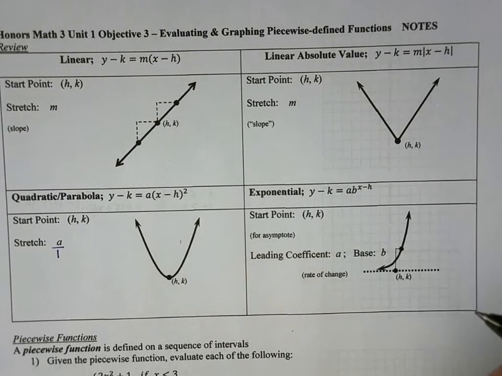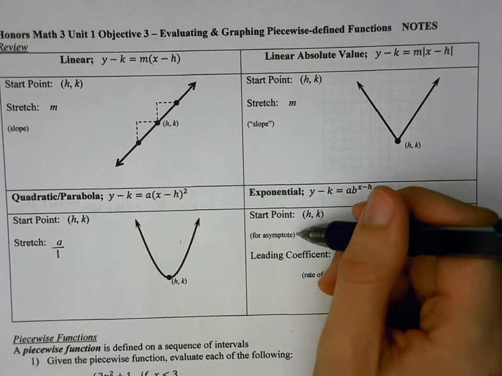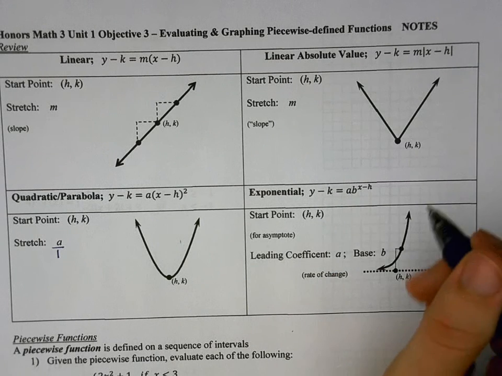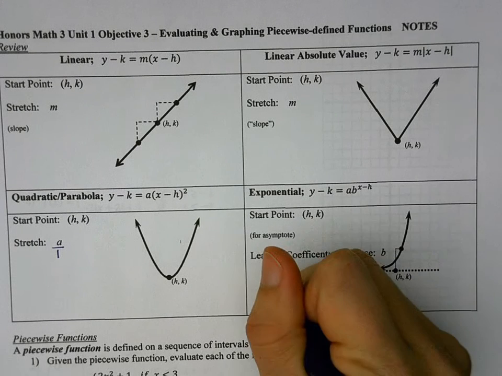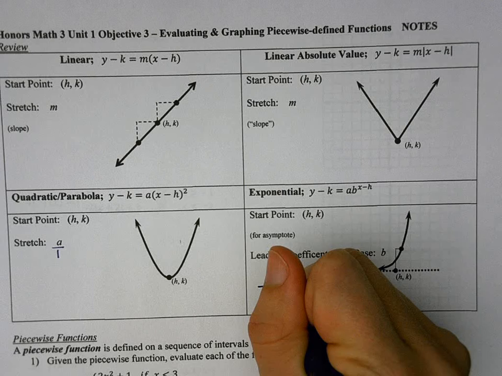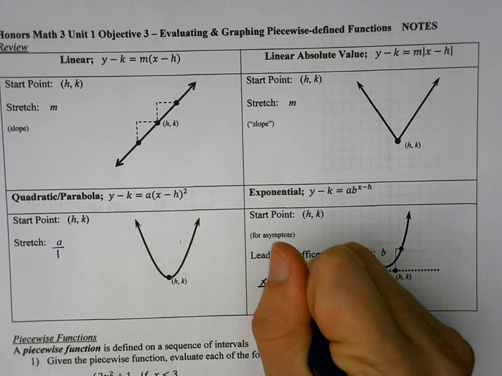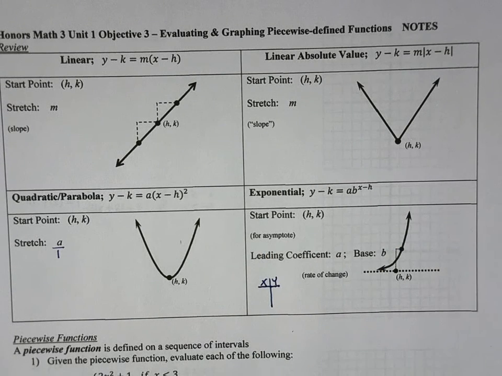But remember, your h, k for your exponential is your asymptote. And then there are a variety of ways of finding the remaining points. But as we've talked about several times, most people use an XYT chart for a couple of additional points to help with their graph. Okay?